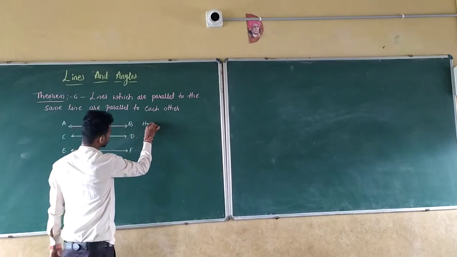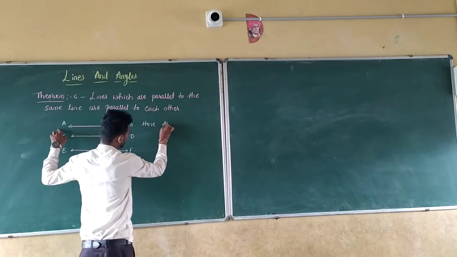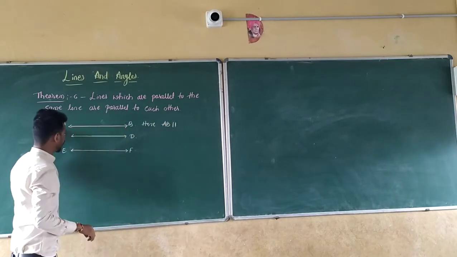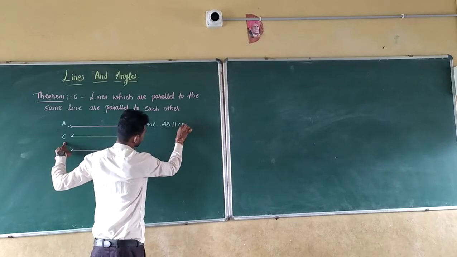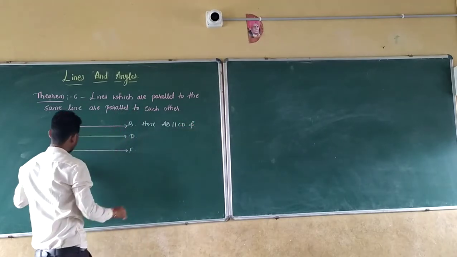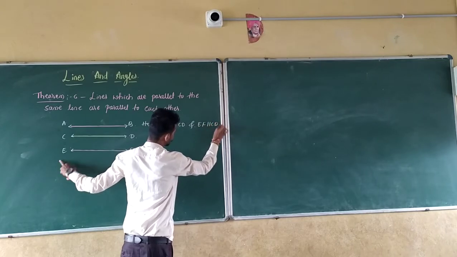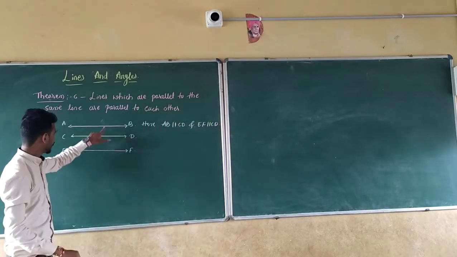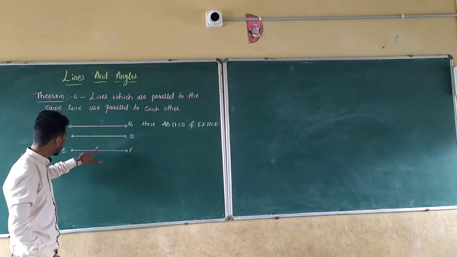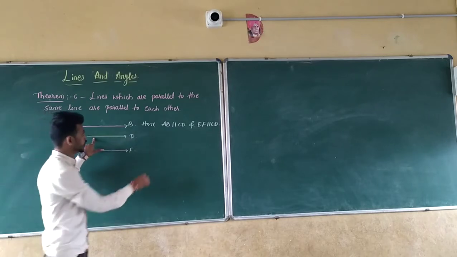Here line AB is parallel to CD and line EF is also parallel to CD. So line AB is parallel to CD and line EF is also parallel to CD.